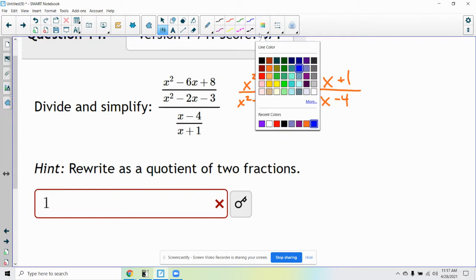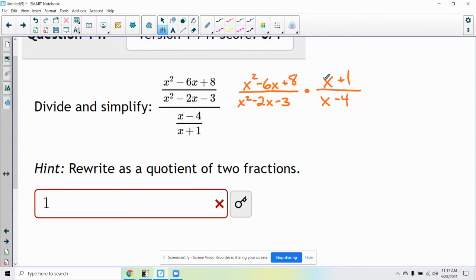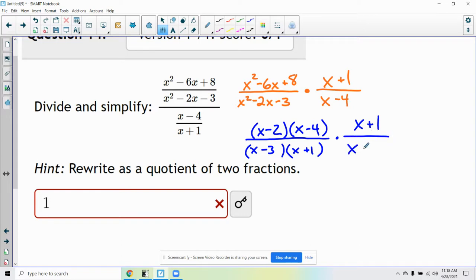Now it's just a matter of factoring each of the 4 sections, top left, top right, bottom left, bottom right. Top left, that's going to be x minus 2, x minus 4. Bottom left, x minus 3, x plus 1. Top right is x plus 1. Bottom right is x minus 4.